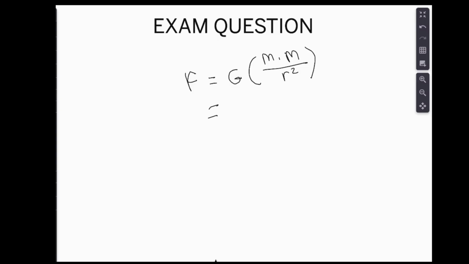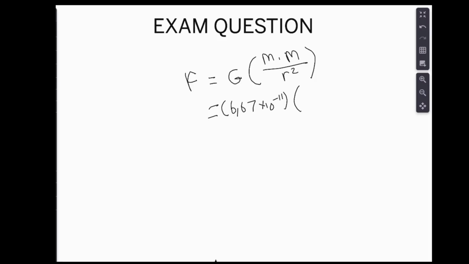It's in your formula sheet, right? It's 6.67 times 10 to the negative 11.